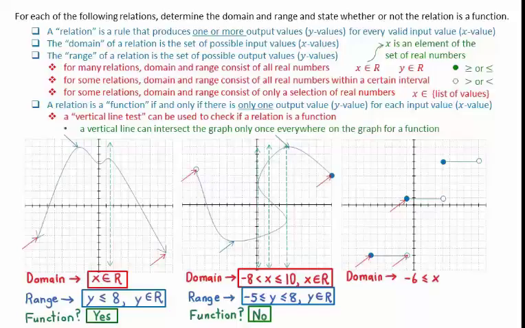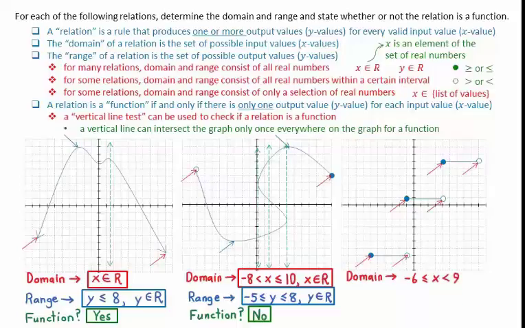This means that we must still include x equals -1 within the domain. Similarly, at the point (4, 1), we have an open circle, but then at (4, 6), we have a filled-in circle. We must also then include x equals 4 within the domain.